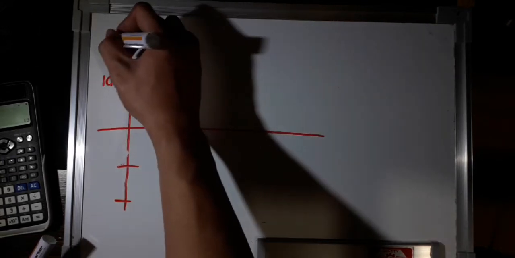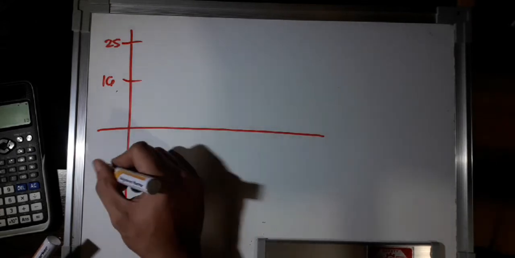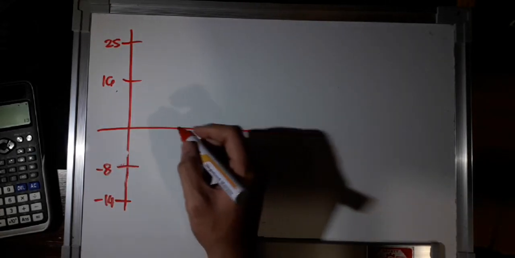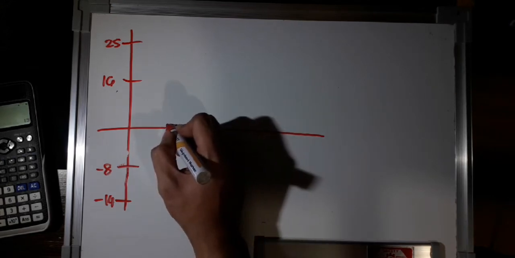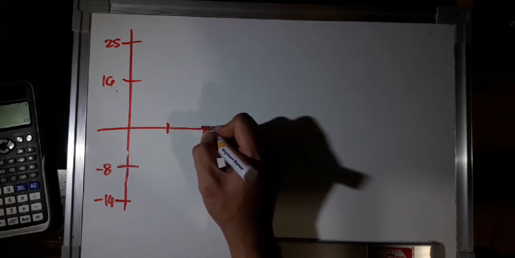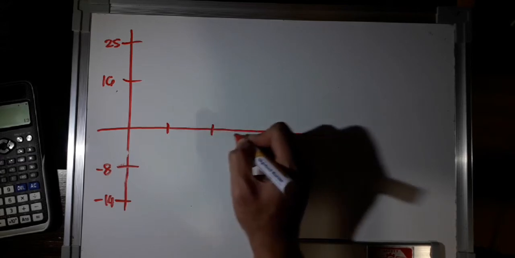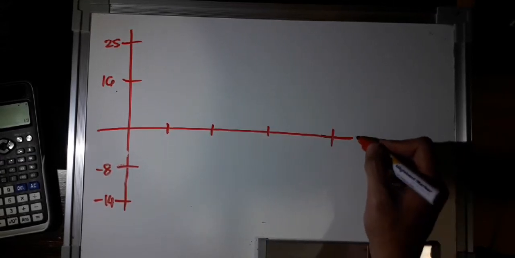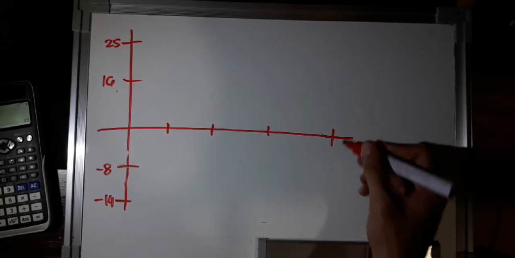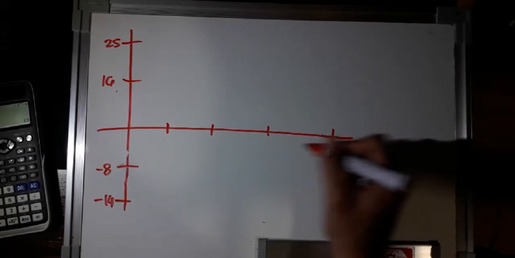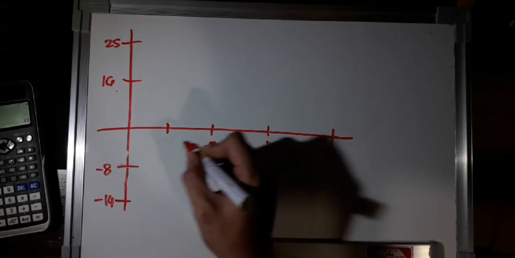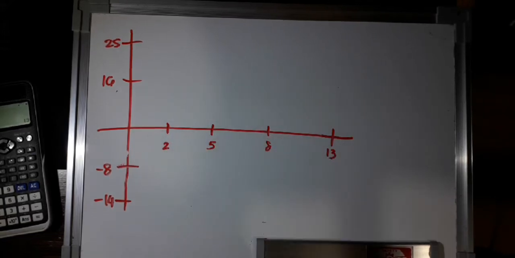So this is 16, this is 25, this is negative 8, this is negative 14. So the time frames that we have are 2, 5, 8, and then 13. So label lang natin. So 8, and then 5, and then 2.